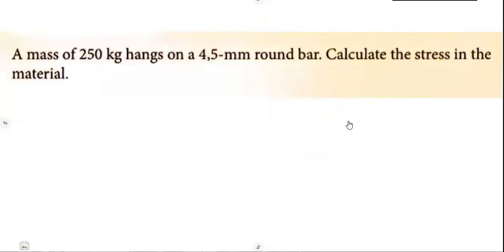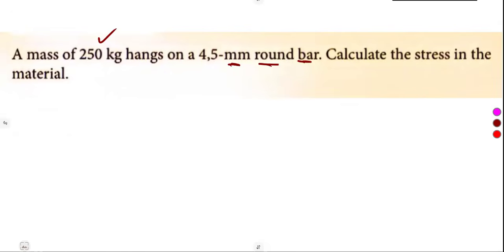On this question, we are given a mass of 250 kilograms that hangs on a 4.5 millimeter round bar. It hangs, meaning to say the gravity has to be considered, the gravitational acceleration.